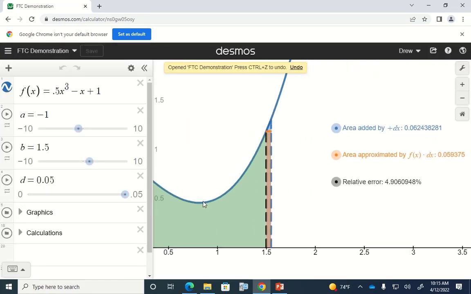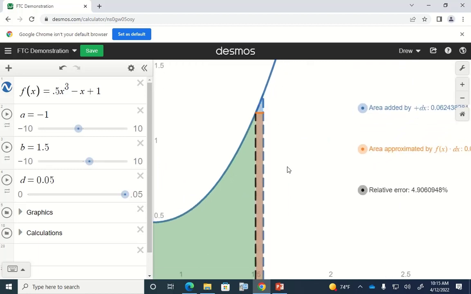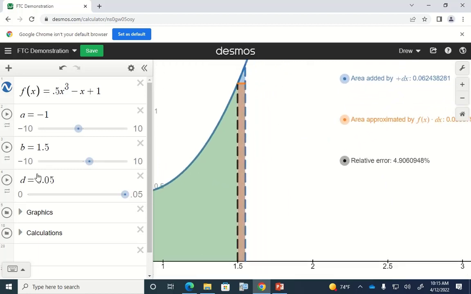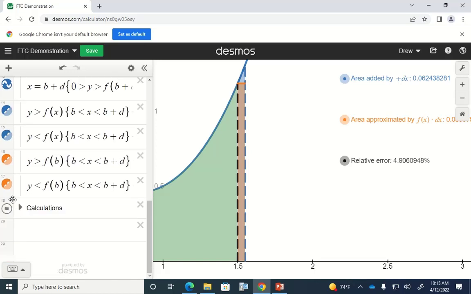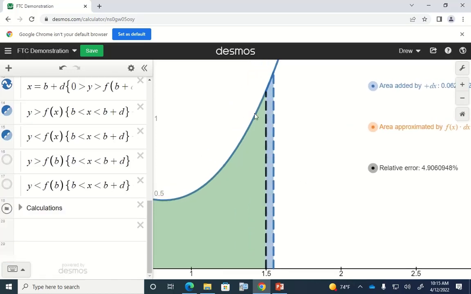So again, the blue curve is given by y equals f of x. Let me just show you if I take the orange out for a moment. This blue little bit is the additional area of my definite integral that I get when I add dx to my x value.